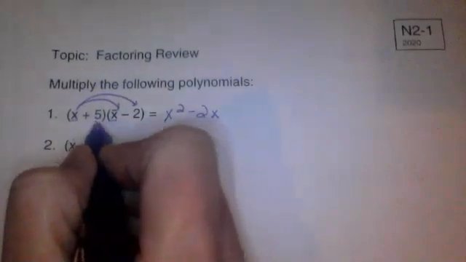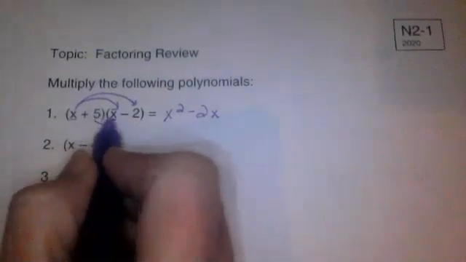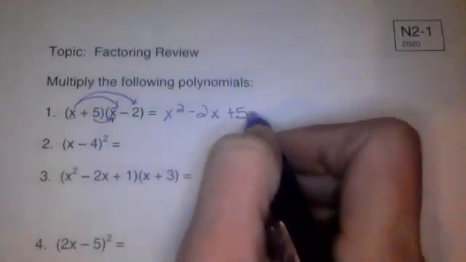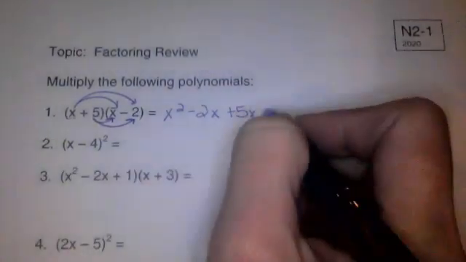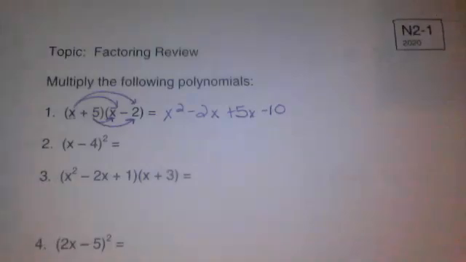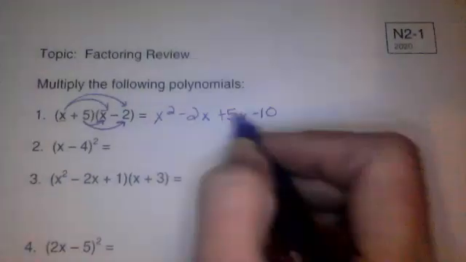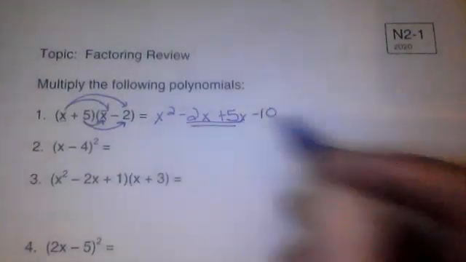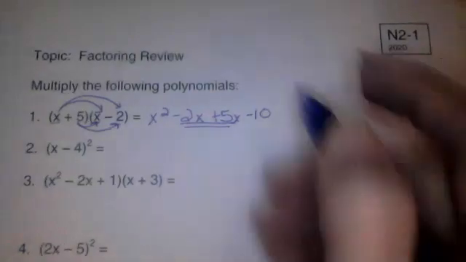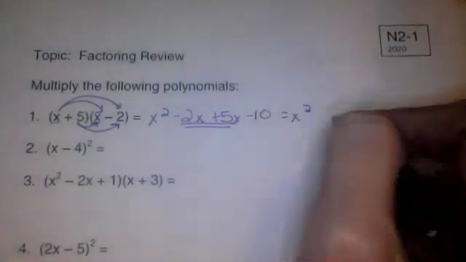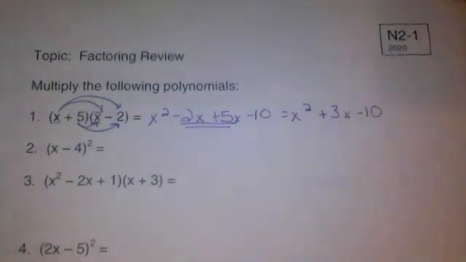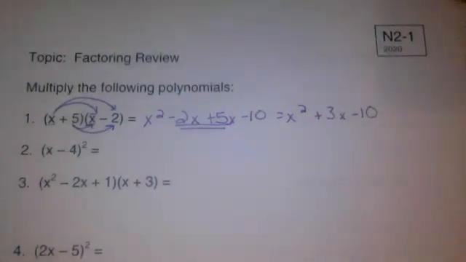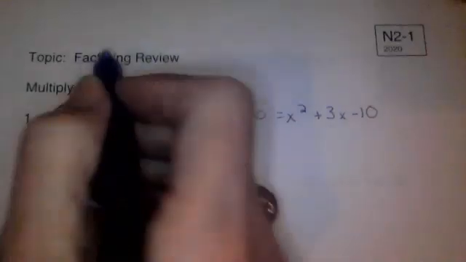Then we're going to multiply the inner terms, the 5 and the x, so we get plus 5x. And then the last terms in each binomial, which give us minus 10. And so when we combine these two terms, the inner and the outer, we get x squared plus 3x minus 10.